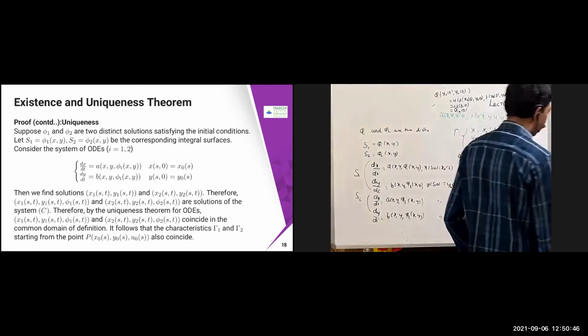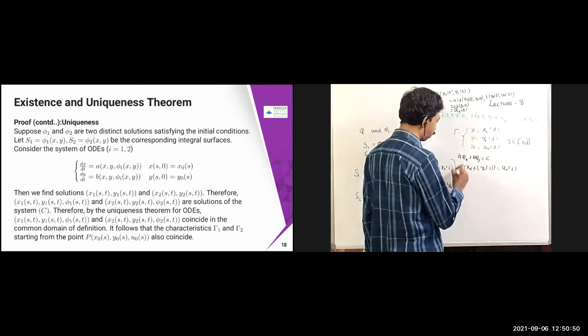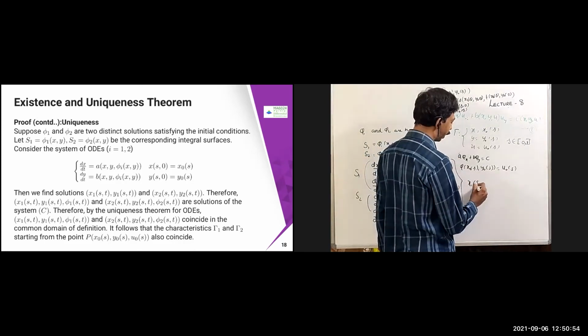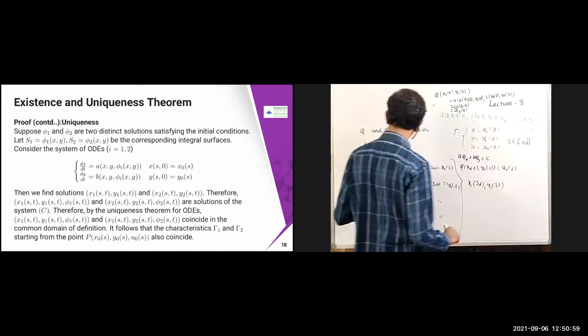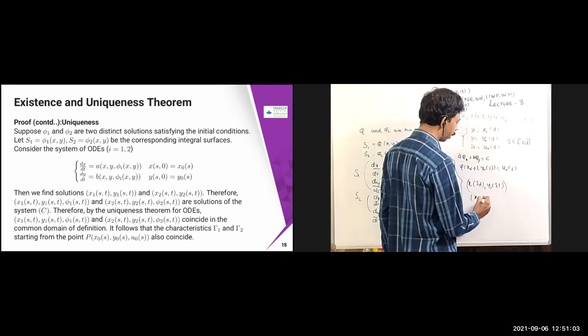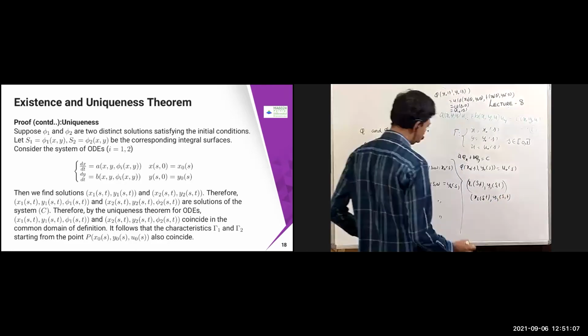So that means we found two solutions. For this problem, we are going to have two solutions. One is x1(s, t), y1(s, t). That is one solution for the first one. Then we have x2(s, t), y2(s, t). That is corresponding to this one.